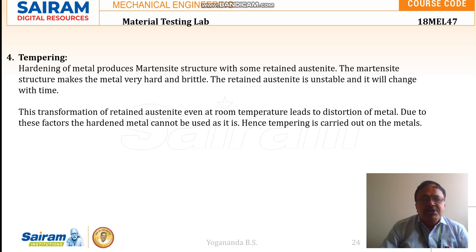This transformation of retained austenite at room temperature will lead to distortion of the metal. So we cannot use this hardened metal as it is because of this changing austenite structure. Hence tempering will be carried out on the metals.